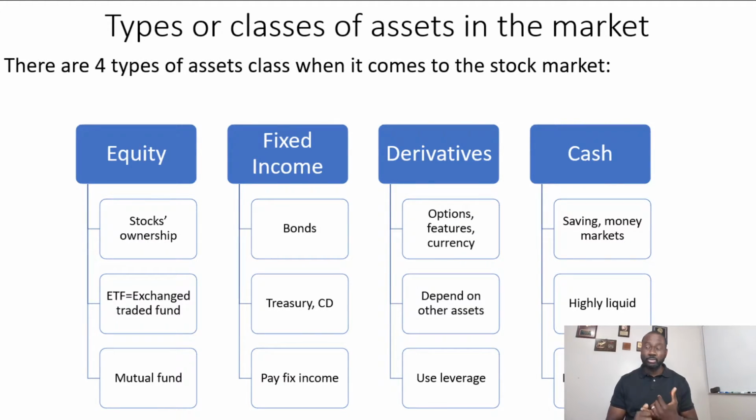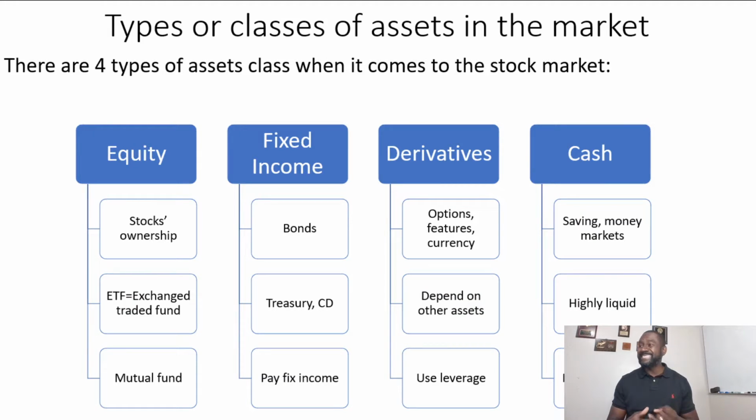We also have CDs, certificates of deposit. You can go to the bank and open a CD, but it's the lowest interest you're going to get. It pays fixed income.